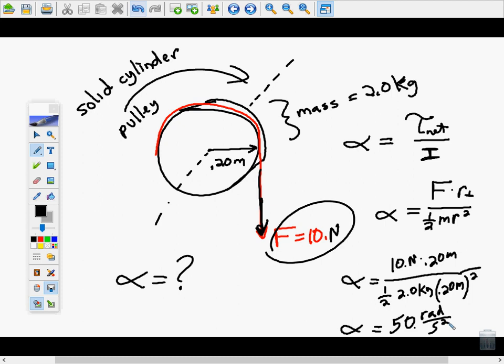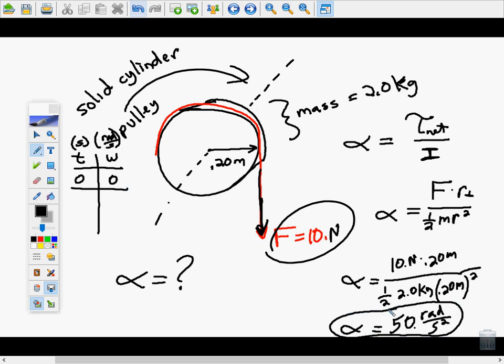So let's just take a moment to think about what that means. If that object started from rest, and this is the time, and this is the angular velocity, at time 0 seconds, the angular velocity would be 0 radians per second. But if it has an angular acceleration of 50 radians per second squared, after 1 second, how fast will it be rotating around? 50 radians per second.